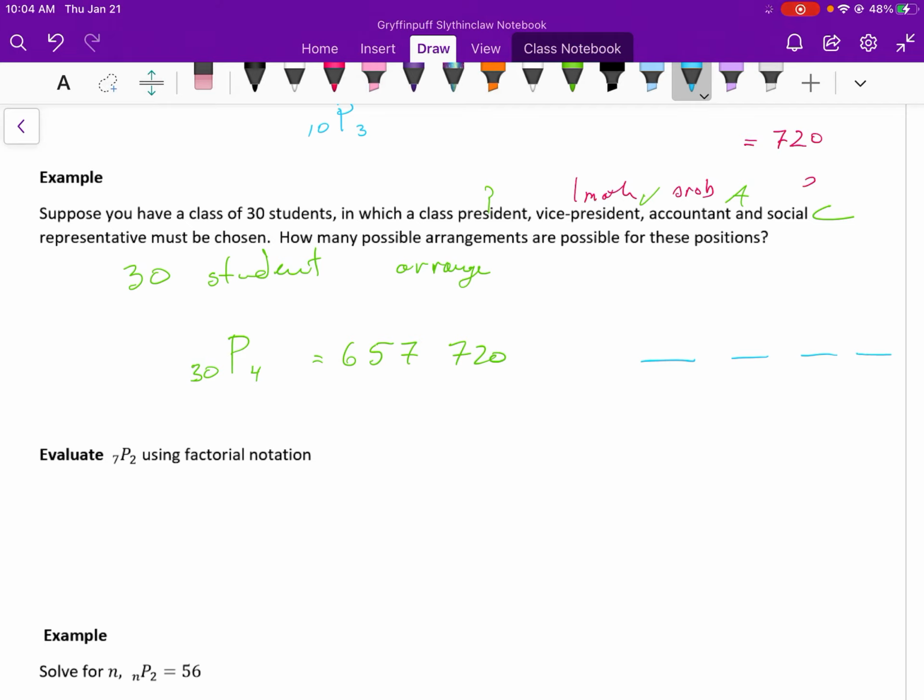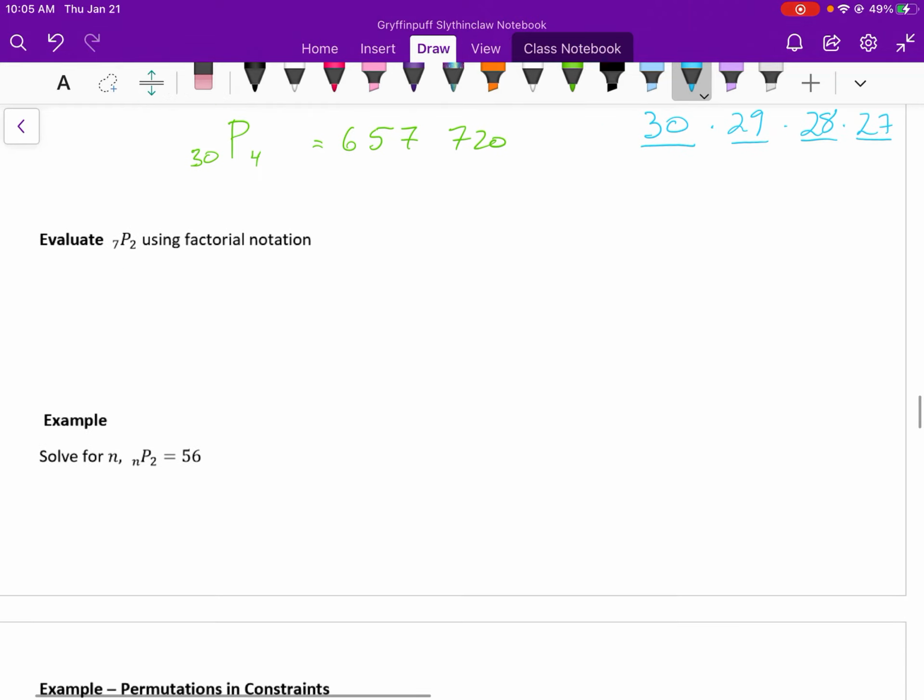Now I'm going to use the fundamental counting principle. I need to choose 4. For the president, there are 30 choices. For the vice president, there are 29 choices. For the accountant, there are 28 choices. And for the social representative, there are 27 choices. Now, if I know my math correctly, those 2 numbers should be equal.